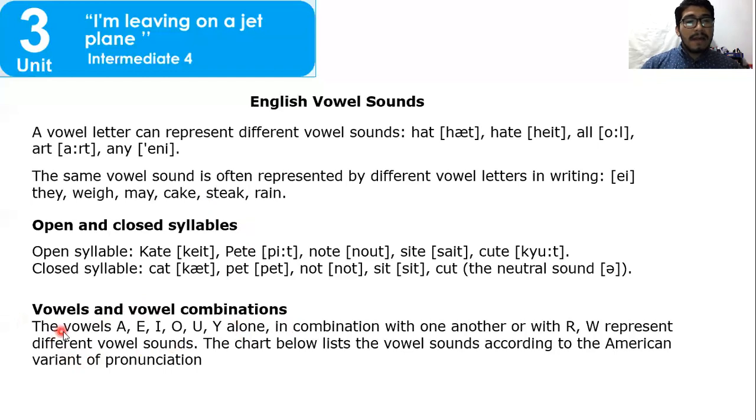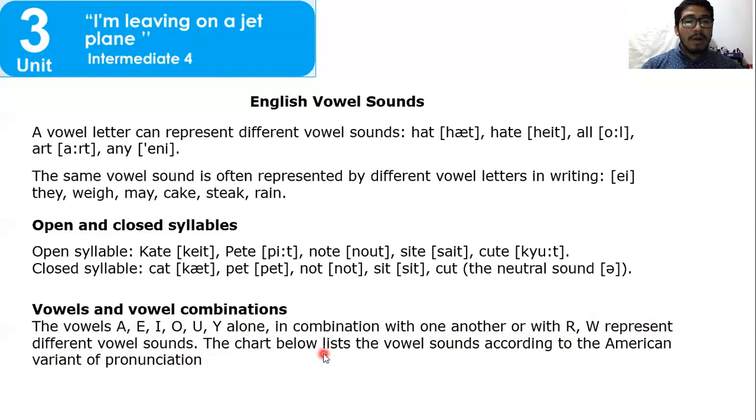The vowels A, E, I, O, U, Y, or in English, A, E, I, O, U, Y, alone, in combination with another or with one another, or with W or R, represent different vowel sounds.